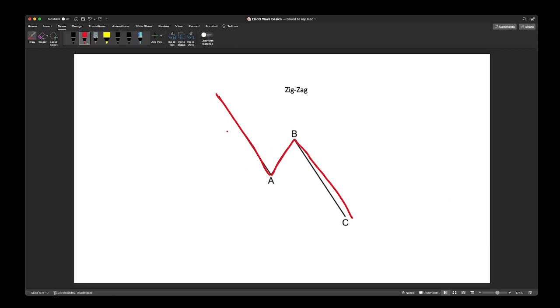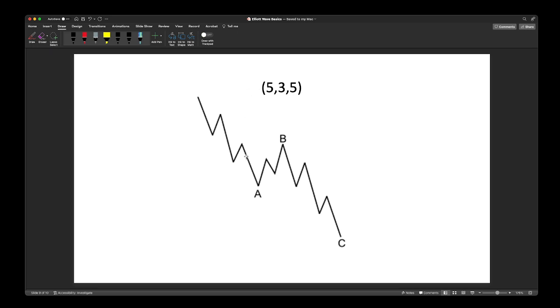It's only inside these zigzags is more information. What's in there? It's another 5-wave movement. Inside the B, there's a 3-wave movement.